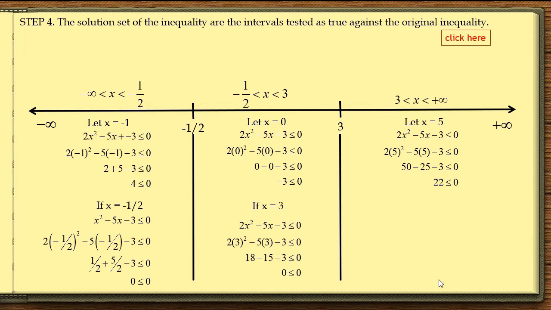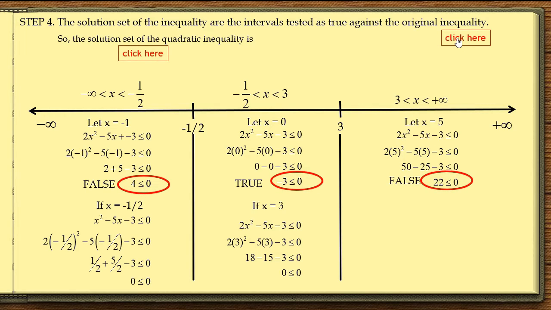And for step number 4, the solution set of the inequality are the intervals tested as true against the original inequality. As we can see, if the value of x is 0 and it lies in this interval and we tested it as true, therefore all the solutions or all the values or integers in this interval will be the solution set.